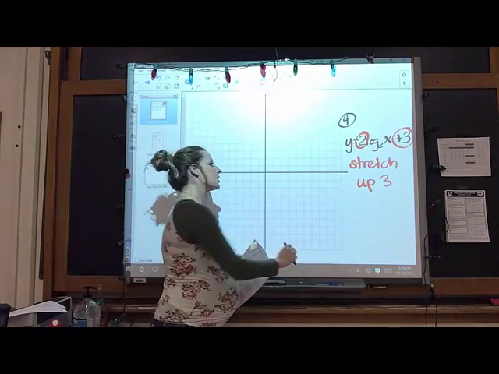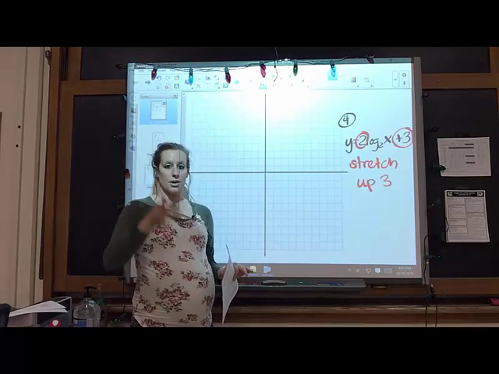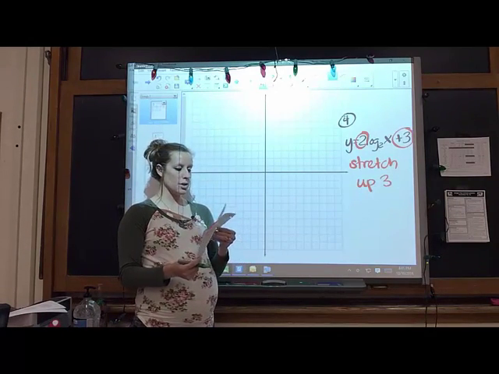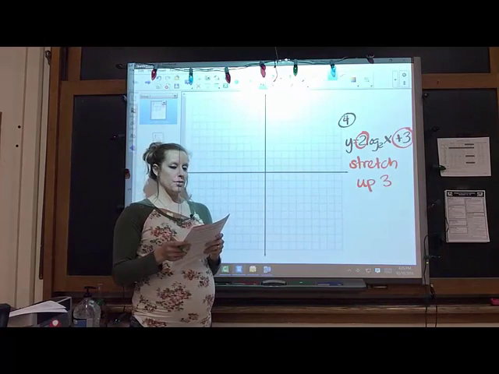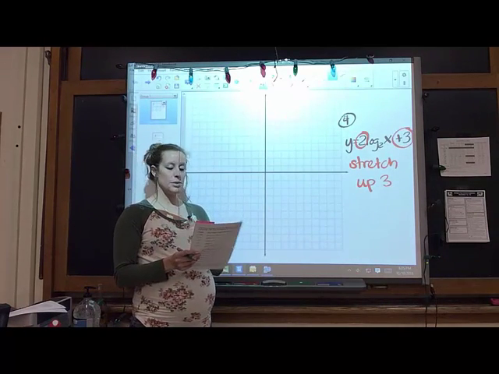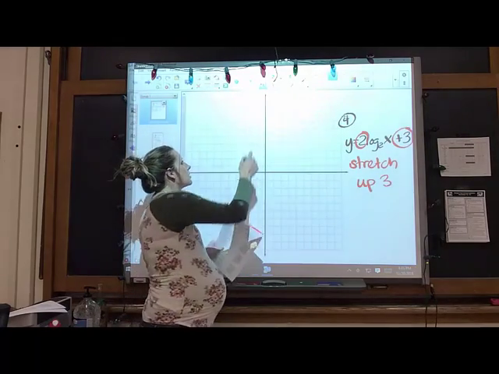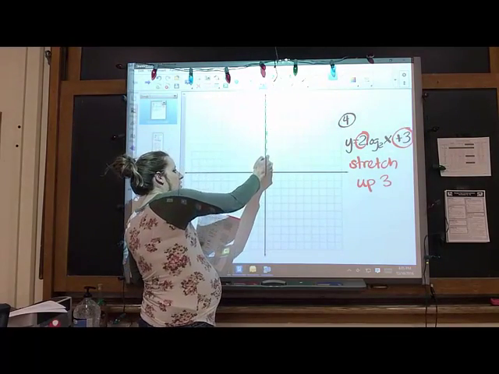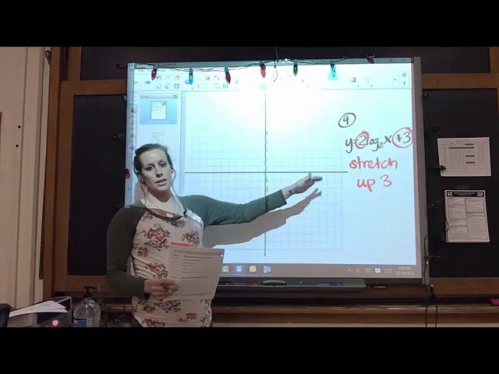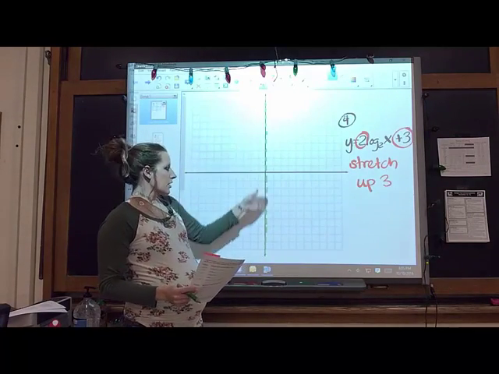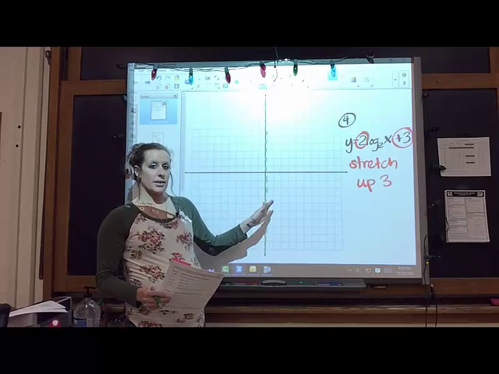Now, normally your log function has that vertical asymptote, and you can look back at the front page of your notes. If you ever forget, keep these notes out so you have it. But this vertical asymptote, since we're not moving left or right, is going to stay exactly where it's at.